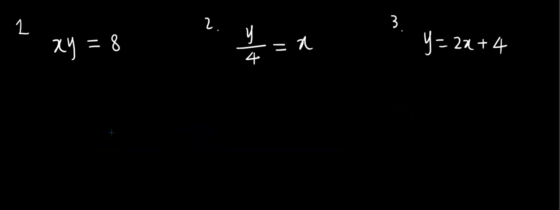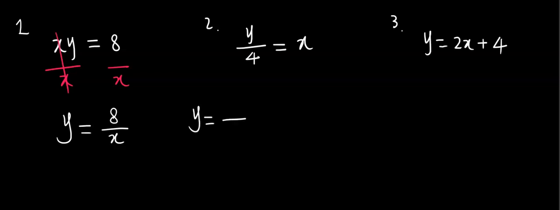Question 1: we're going to divide each side by x, given x is not 0. After we divide, what do we have? We have y equals 8 over x. Remember, some books say y equals k over x, and some say y equals a over x.